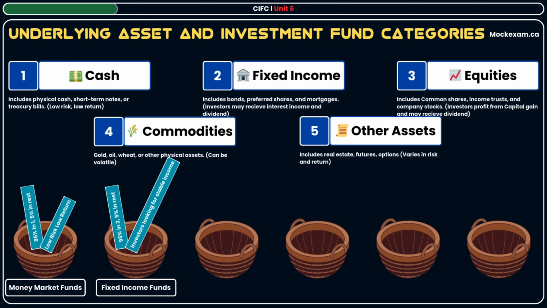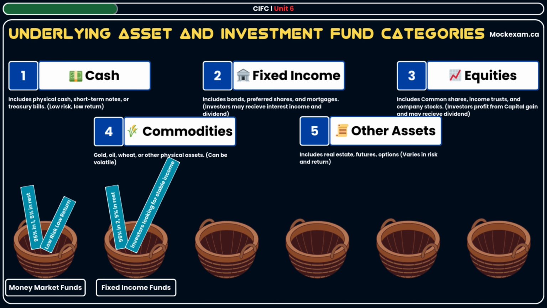Fixed income funds are good for those investors who are looking for stable income. Why? Because when a mutual fund invests in bonds, they receive interest income. Okay, that's why it is good for those who are looking for interest income.